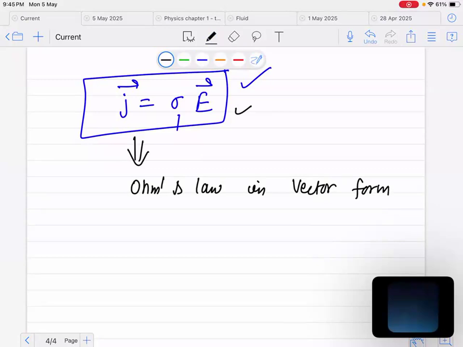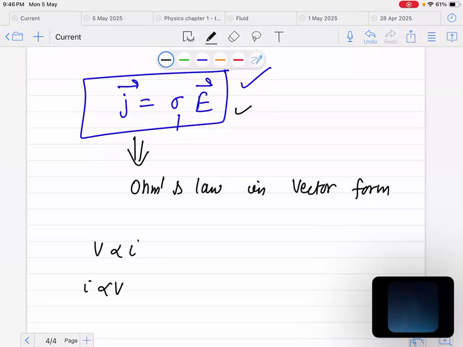Just like in the usual form, V is proportional to I or I is proportional to V. In usual Ohm's law, current is proportional to the potential. In the vector form, current density is proportional to the electric field.